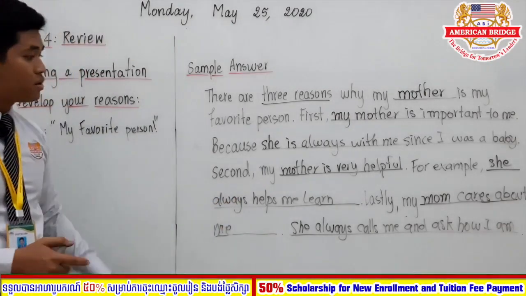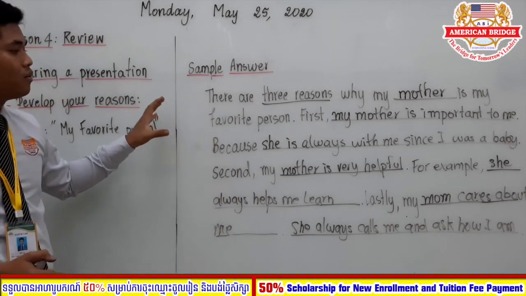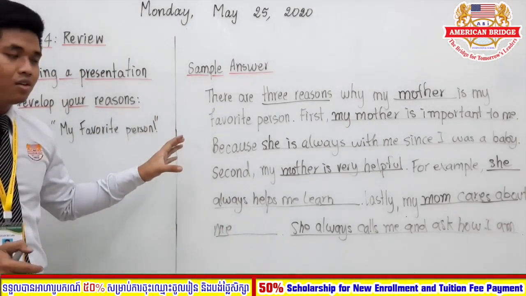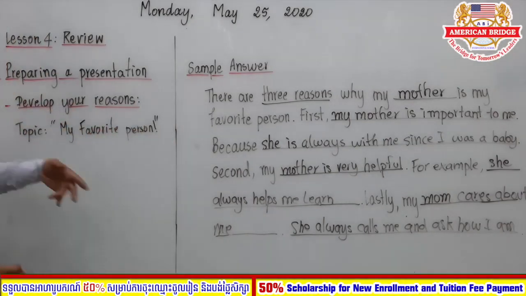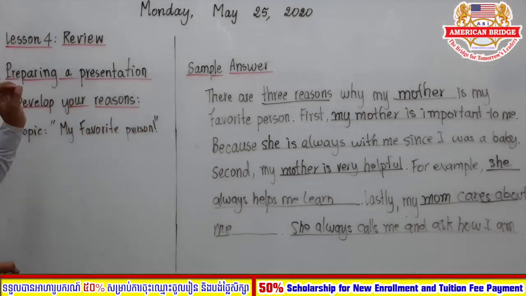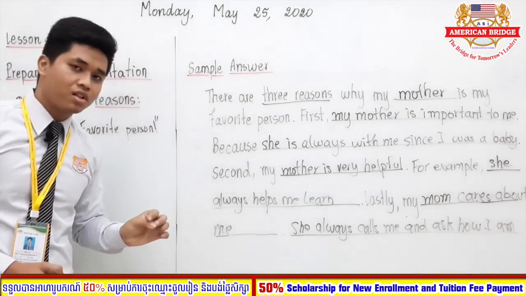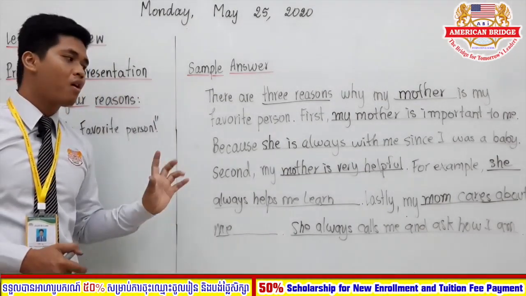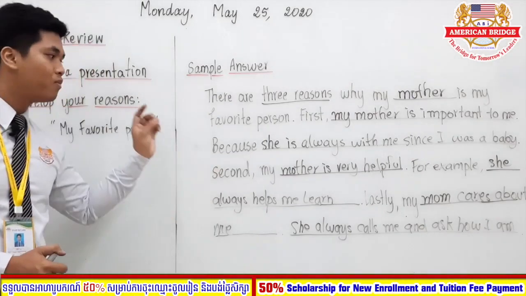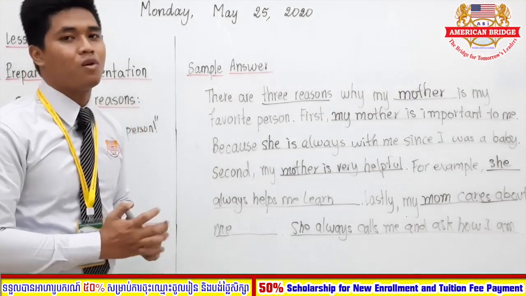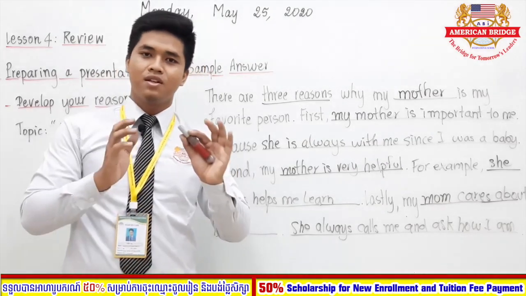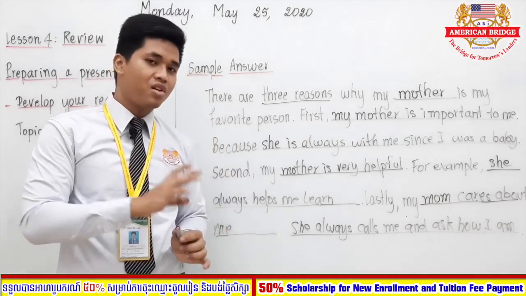As you can see, this is the way that I do this: give my reason and give more detail in order to support my own reason. Now you know the steps and the way to do it. It is time for all of you to start doing this by yourself.